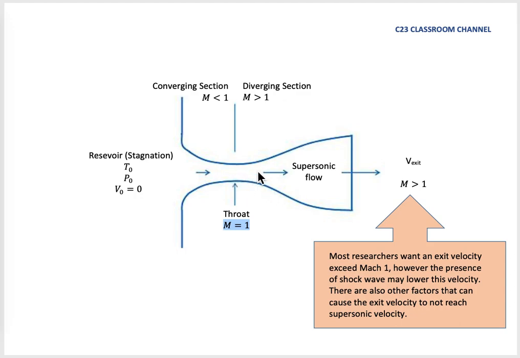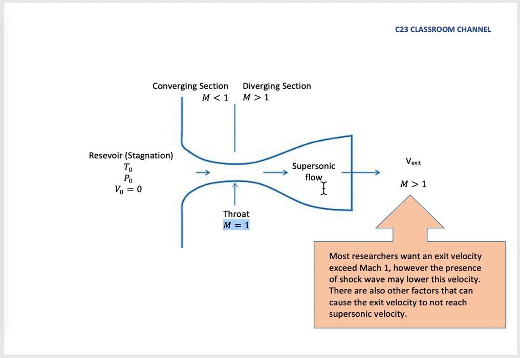When the flow goes to the diverging section, what happens? We can imagine that we need high energy to compress the gas molecules and shorten the molecule distance. After that, when the gas flows in the diverging section, that energy will push the velocity in the diverging section to a higher velocity.